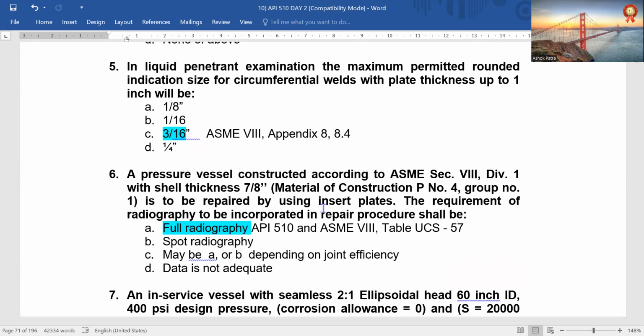A pressure vessel constructed according to ASME Section VIII Division 1 with shell thickness 7 by 8 inch, material of construction P4, group number 1.